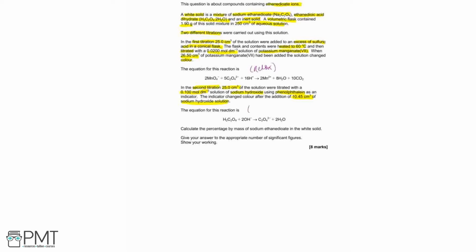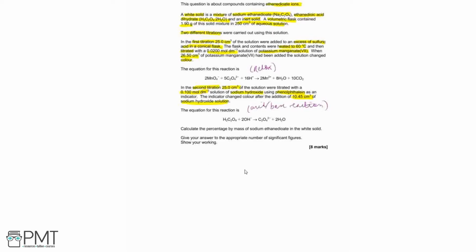And this equation is going to be an acid-base reaction, because our sodium hydroxide is only going to react with the ethane dioic acid part from our white solid, so it won't react with the salt from the solid.